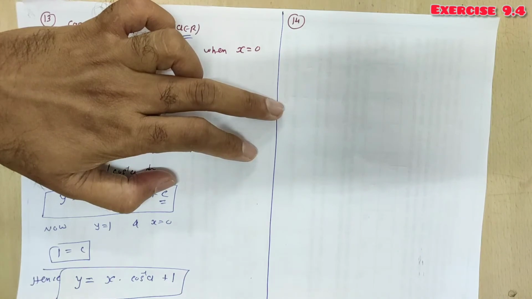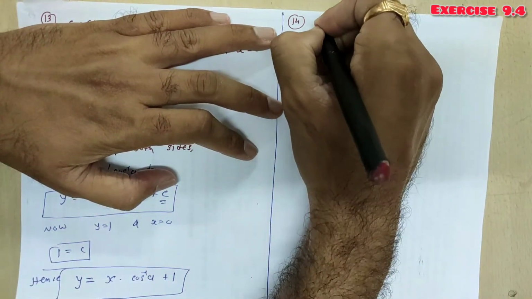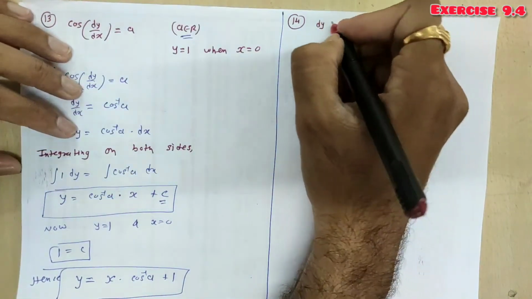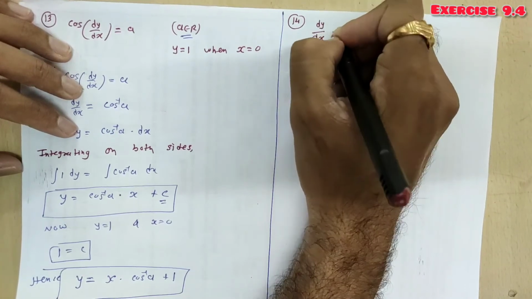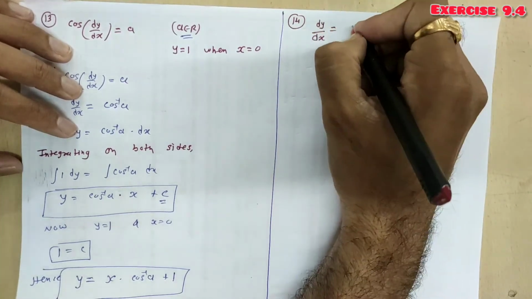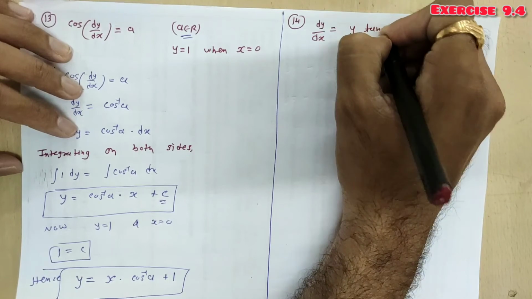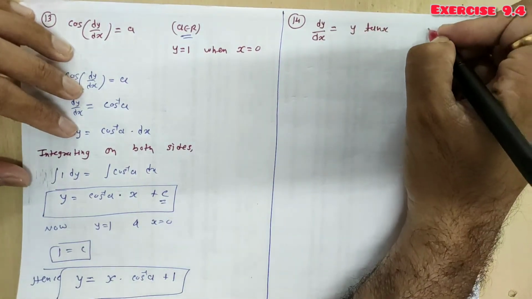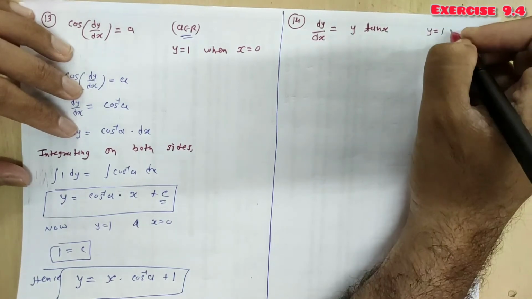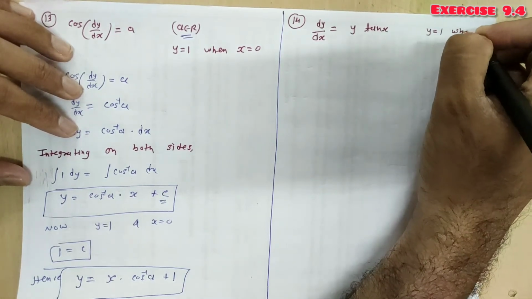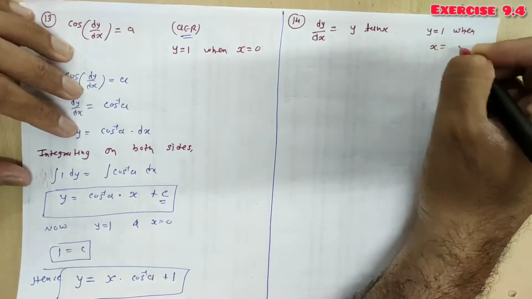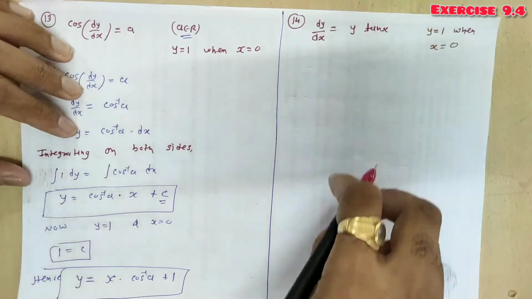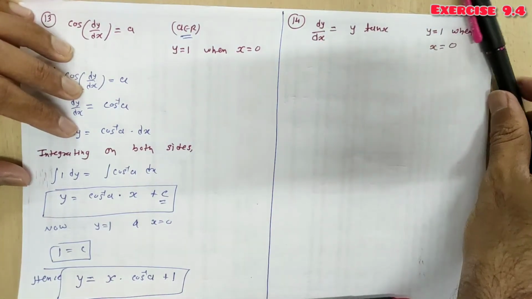Next, question number 14. Here we are given dy/dx equal to y tan x. The condition is y is 1 when x is 0.